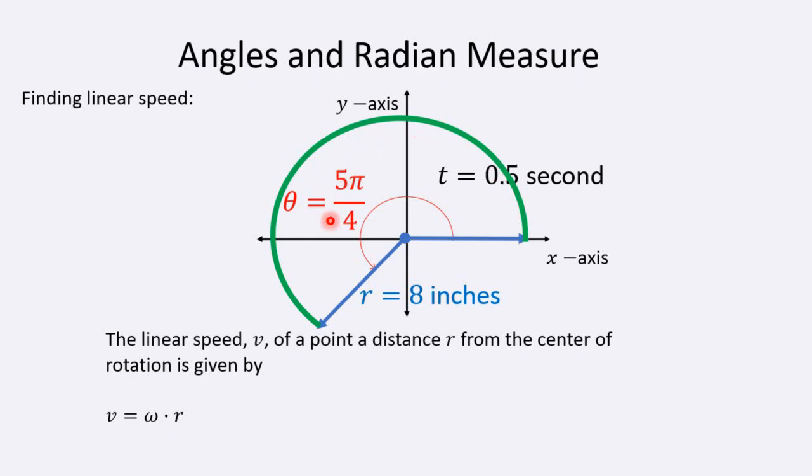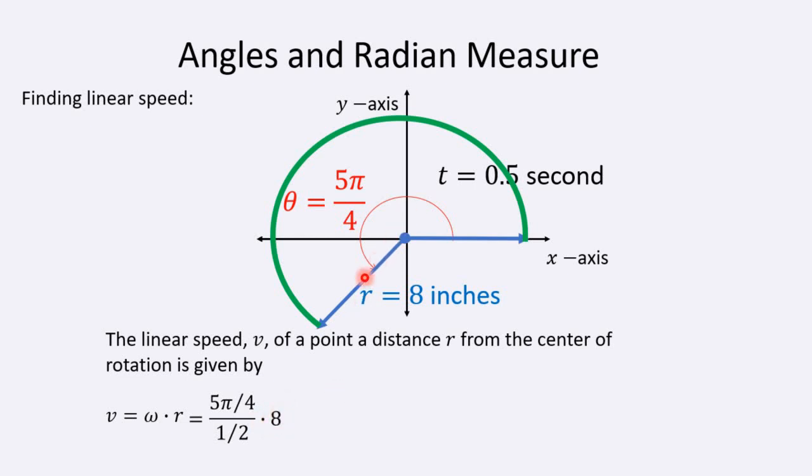And what we want to do is calculate how fast you're traveling along that distance. That's the linear speed. So we're just going to take the angular speed, which we found by doing theta over the time, and we're going to multiply it by the radius, which is 8.